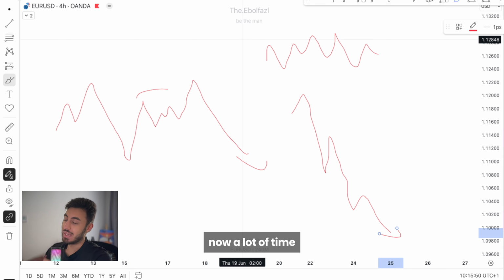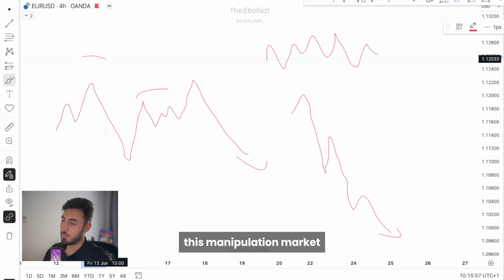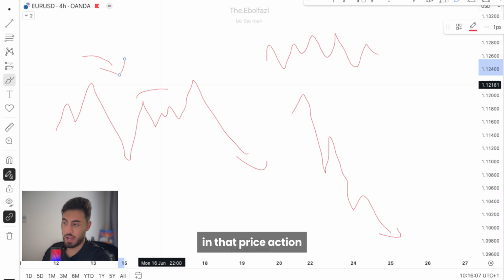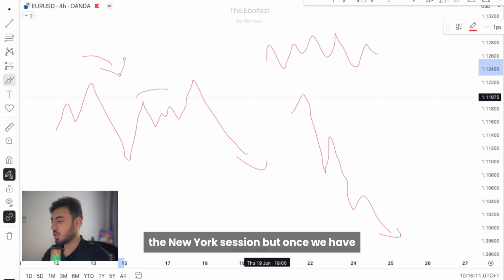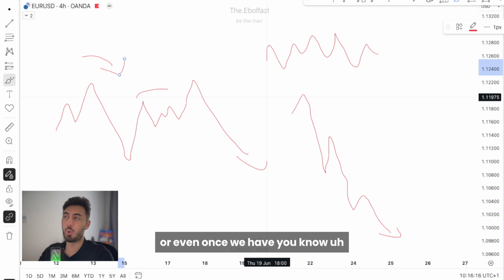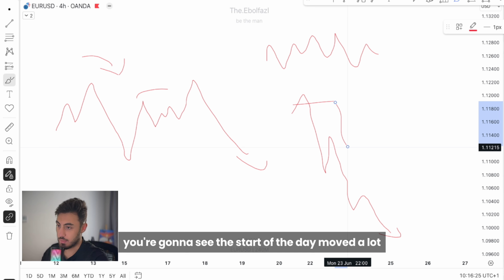A lot of times, once we have high impact news on the NY, the New York session, we can see this manipulation market condition. Sometimes also once we don't have high impact news, or even once we have high impact news on the NY but the Asia session moved a lot, you're going to see the start of the day move a lot.